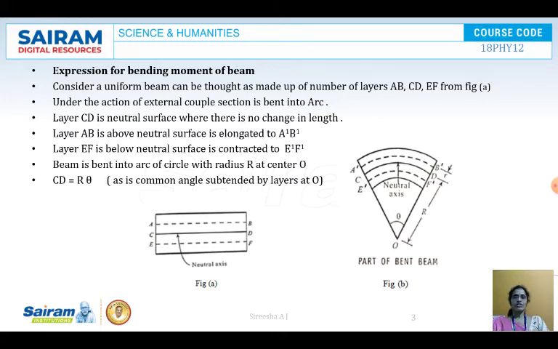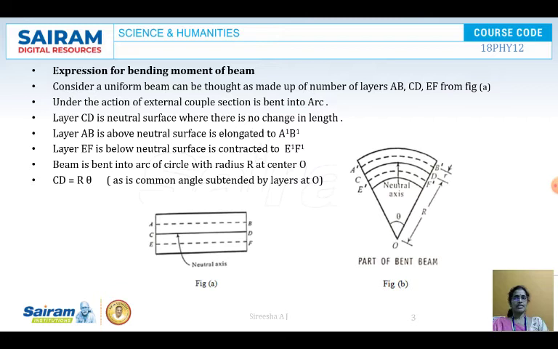Now under the action of an external couple, the section is bent into an arc. When you bend both sides of the beam downwards, the resultant appearance will be as in figure B. The section is bent into the form of an arc.